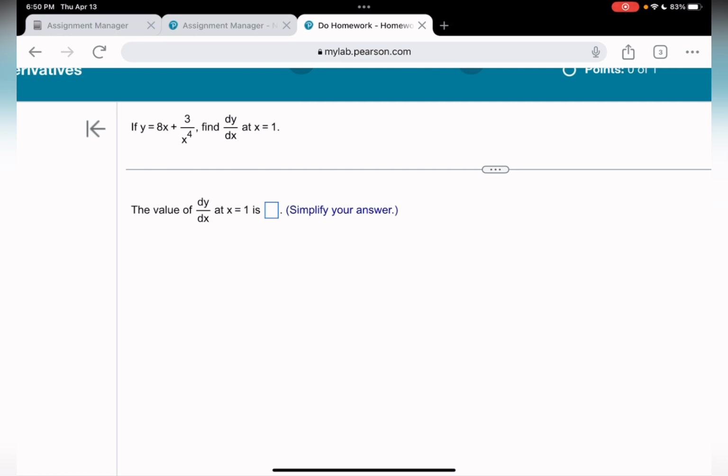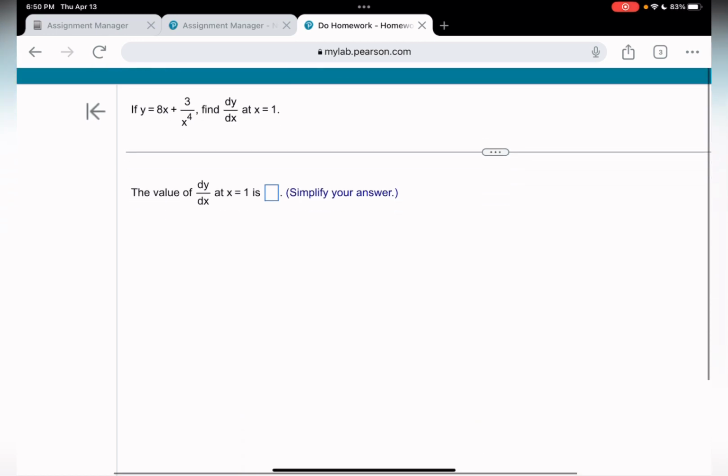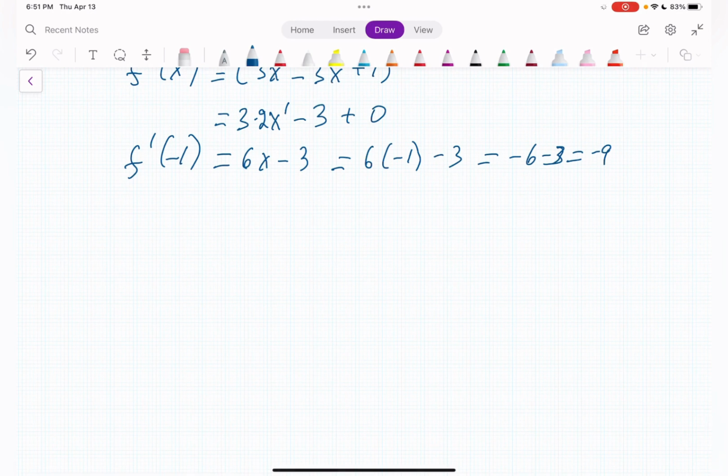So let's take a picture so I can work with it. Let me write down again, we need to take derivative. So we have y is equal 8x plus 3 over x to power 4. We need to find dy by dx at the point of x is equal 1. So let's do it.